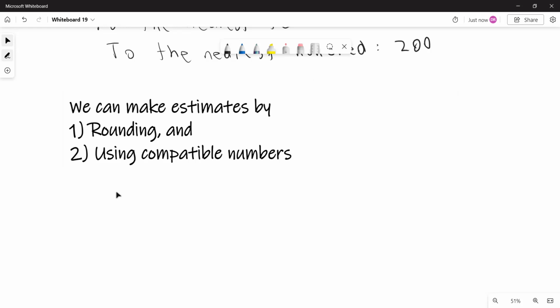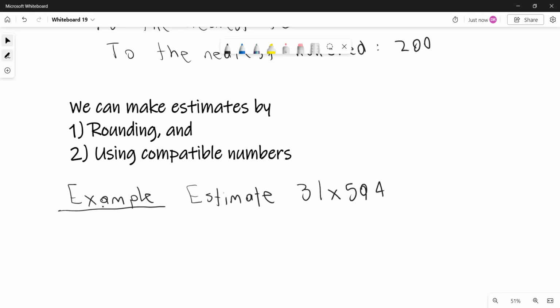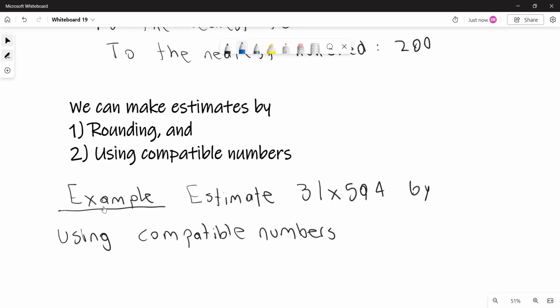Okay, so for example, if you want to estimate 31 times 594 by using compatible numbers, let's say you don't have a calculator at this moment.